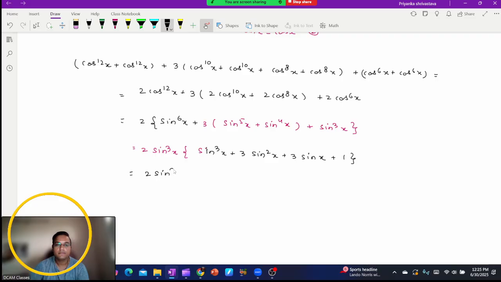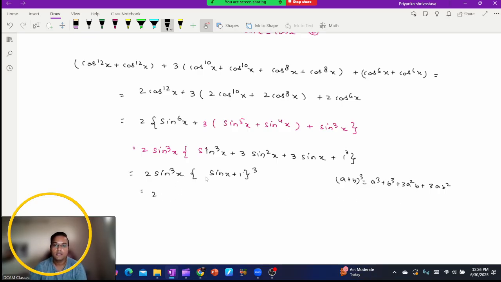This is actually the formula of a cube plus b cube plus 3ab into a plus b. So it will be sin x plus 1 whole cube, because we know a plus b whole cube is equal to a cube plus b cube plus 3a square b plus 3ab square, using that formula.